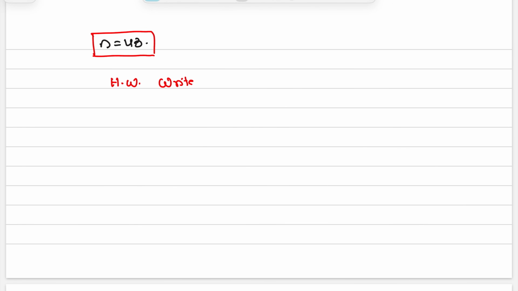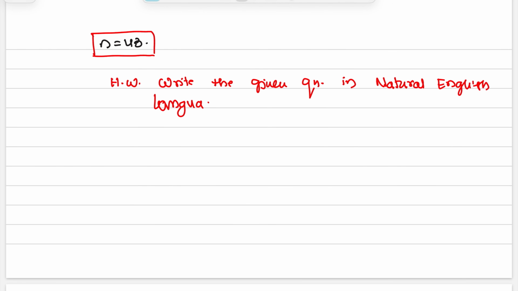Write the given question in natural English language by converting it from mathematical notations.